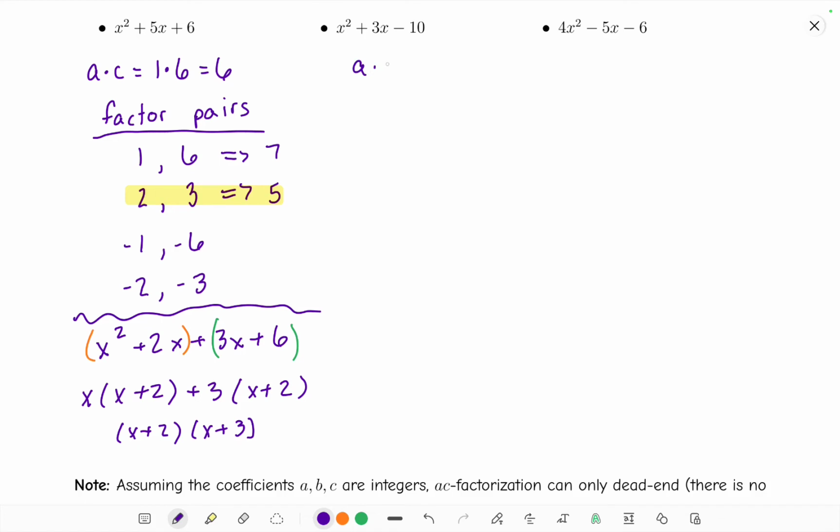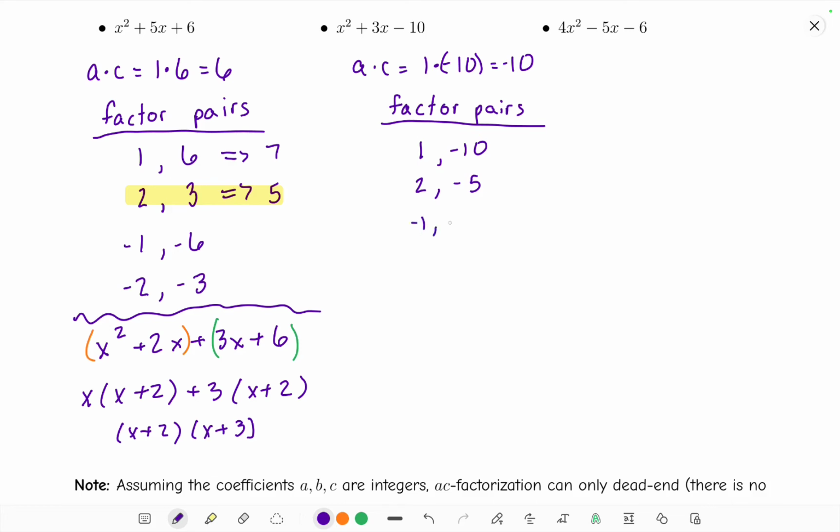So a times c is 1 times negative 10, which is negative 10. So then your factor pairs, of course, we have 1 and negative 10, 2 and negative 5.